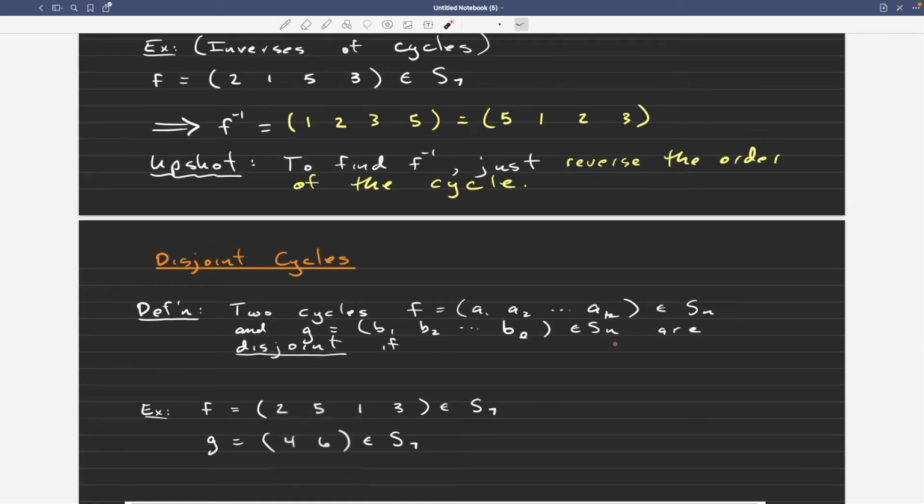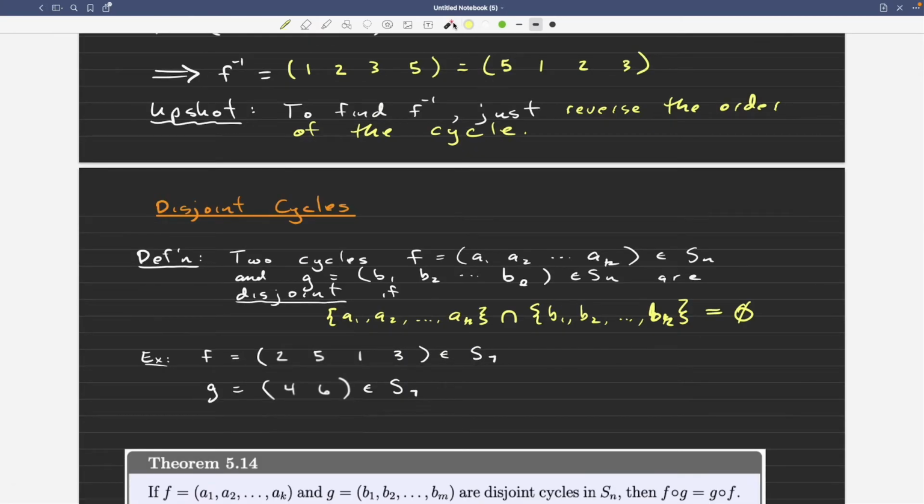The idea of disjoint is pretty straightforward. If F is a cycle A1, A2 up to AK, and G is a different cycle B1, B2 up to BL, and they're both in Sn, so they both are in the same underlying collection of permutations, then we say they're disjoint if the set A1, A2, all the way up to AK intersected with the set B1, B2, up to BL is empty.